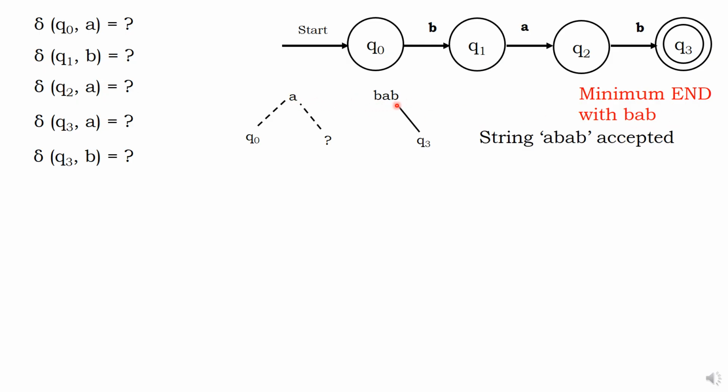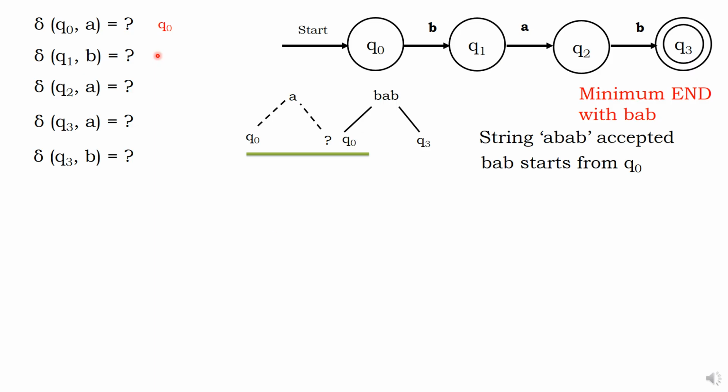Yes, accepted. String ABAB is accepted because it is ending with BAB. Now, BAB, next is Q3, available. BAB, before is Q0. So obviously this should be Q0. So this is the answer, and in this place I am going to get Q0.